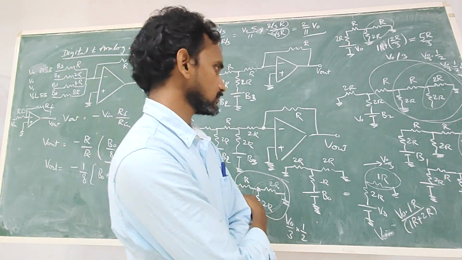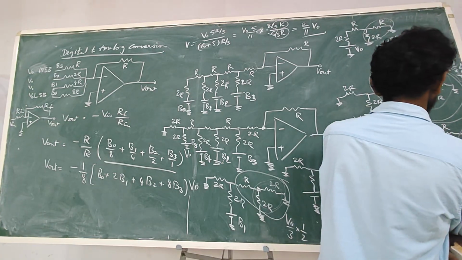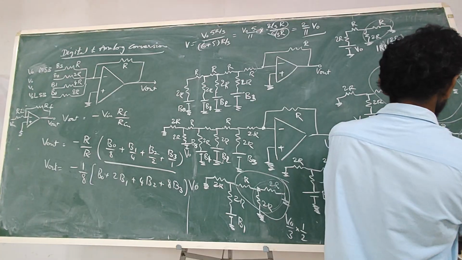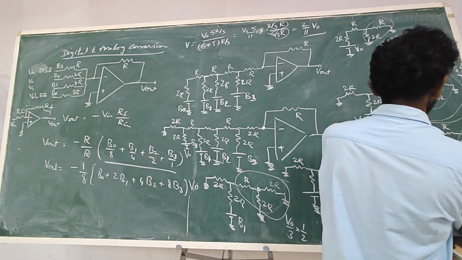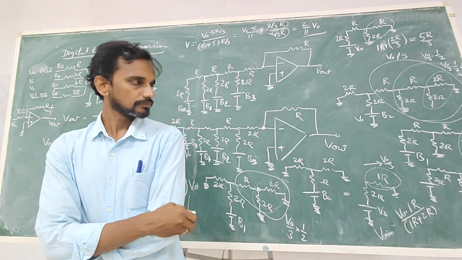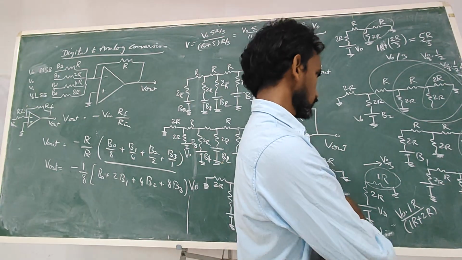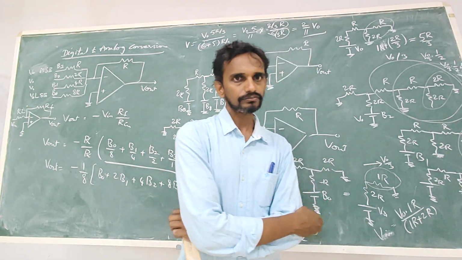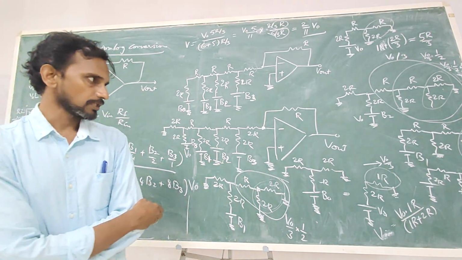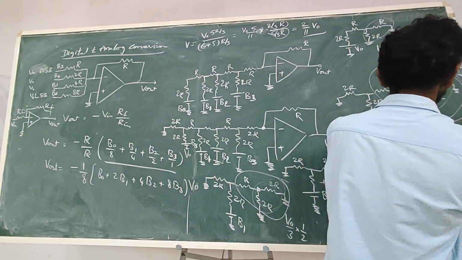So in total it is 30 by 11R. Five 6s are 30. 5 plus 6 is 11. 30 by 11R plus R.